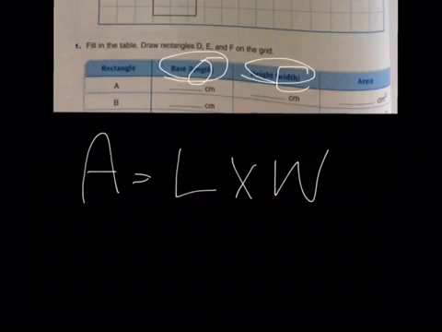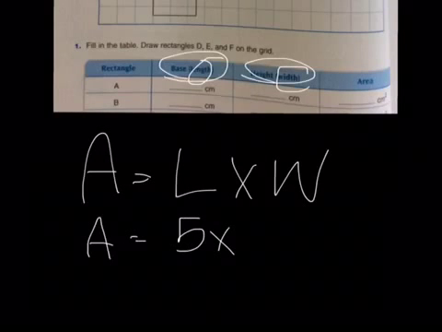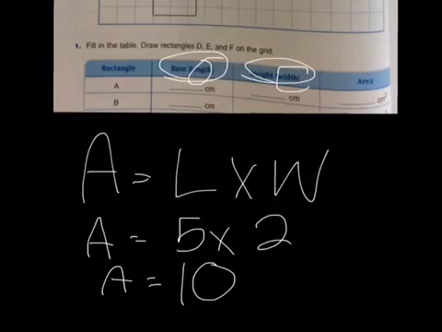Now we replace the variable, so we say area, our length is 5 and our width is 2. So our area will equal, what's 5 times 2? 10. Don't forget, very, very important, to write the unit, centimeters squared. It's 2 dimensions, so let's include the 2 dimensions by writing the square.